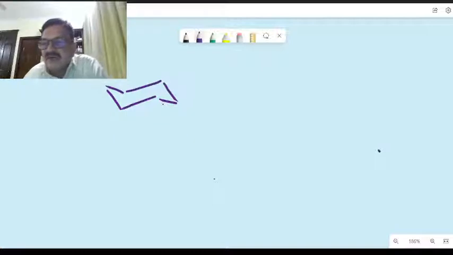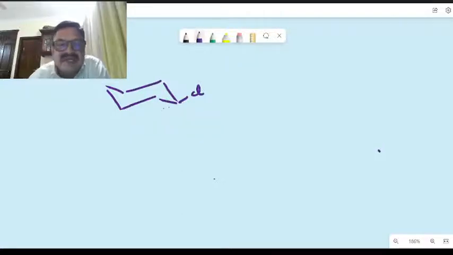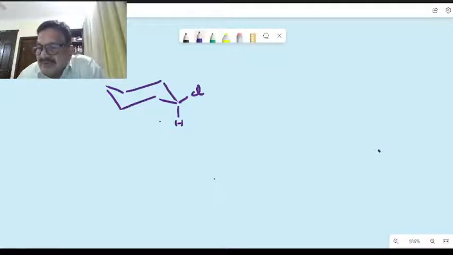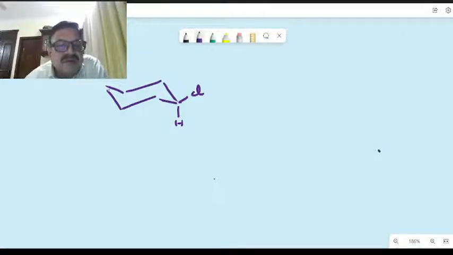So this is our chair form here. Now we have this chlorine. That is the cis isomer we are considering here. Then we have this hydrogen over here. That is chlorine in the equatorial position. Cis isomer conformation we are writing here. One group will be axial and another group will be equatorial. That is the conformation we are just going to draw now.